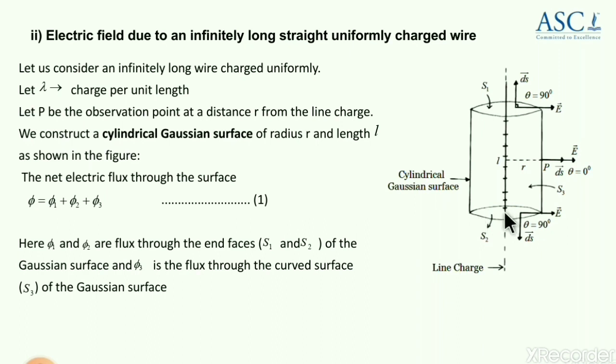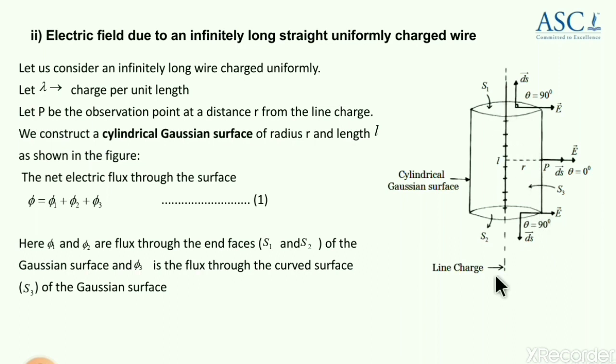So everywhere the electric field lines around this uniformly charged wire move like this across the wire, and the normal to this surface will always be like this. So they both make again 90 degrees.